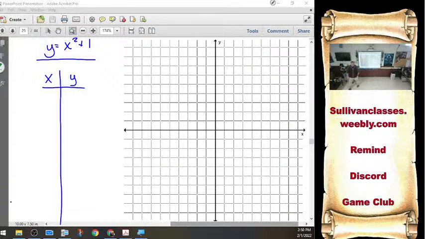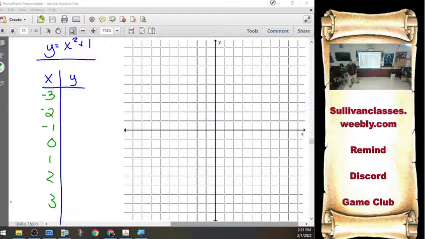It does not matter. Start somewhere in the middle. Negative 3, negative 2, negative 1. Okay. What's negative 3 squared? 9.